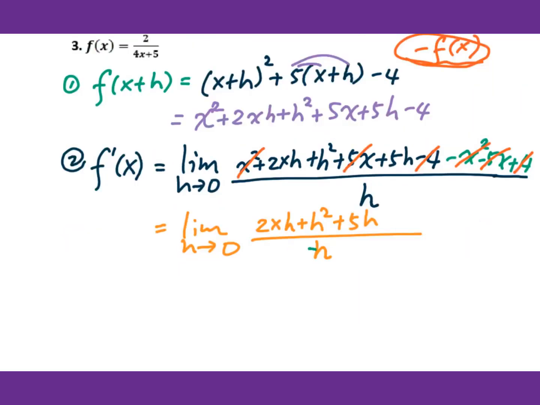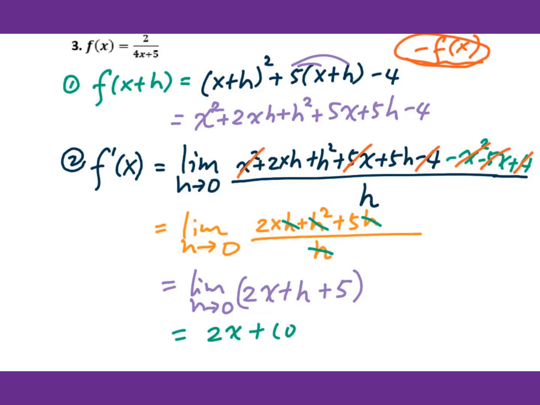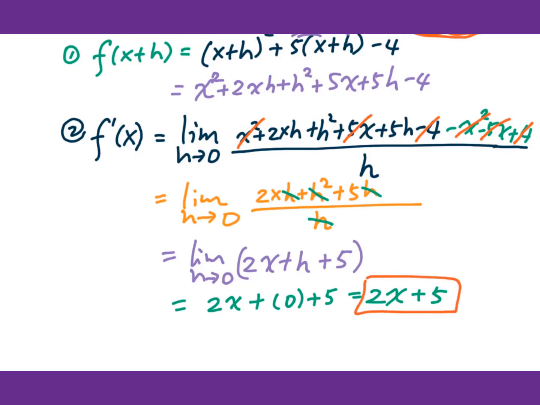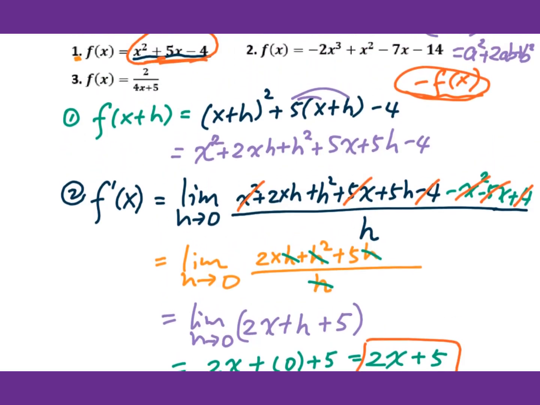This time reduce everything by dividing by h. You will get the limit as h approaches 0 of 2x + h + 5. Last step, for this limit, we just plug in. So 2x + h, that will be 0, plus 5 equals 2x + 5. That's the derivative of f(x).